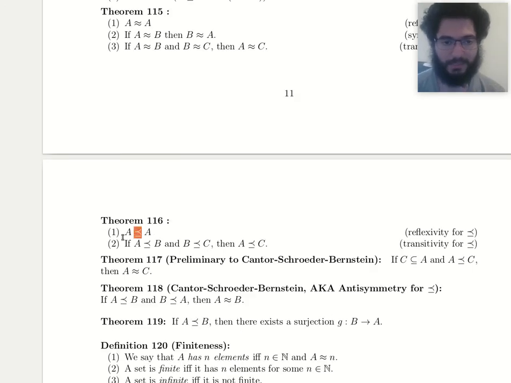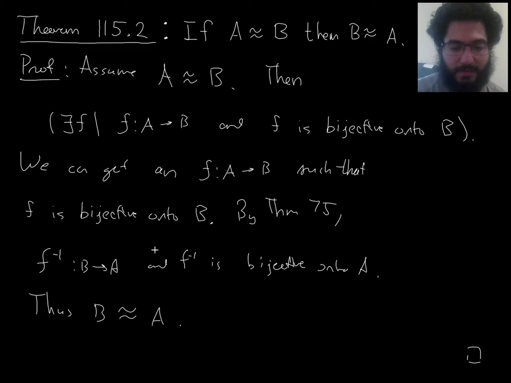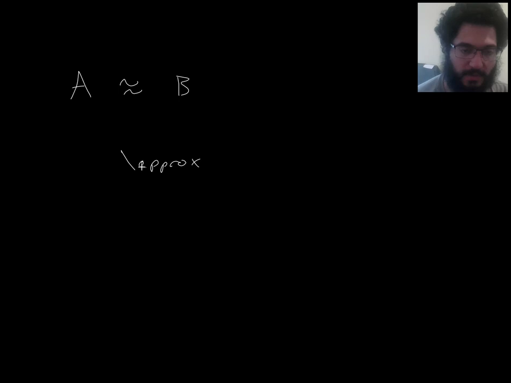Oh, I remembered. I need to just tell you how to write these things in LaTeX. If you want to write the symbol for having the same cardinality, you can do this in math mode, approx.